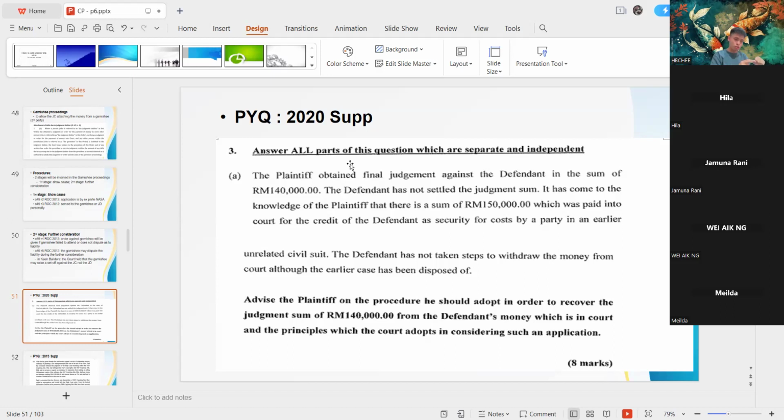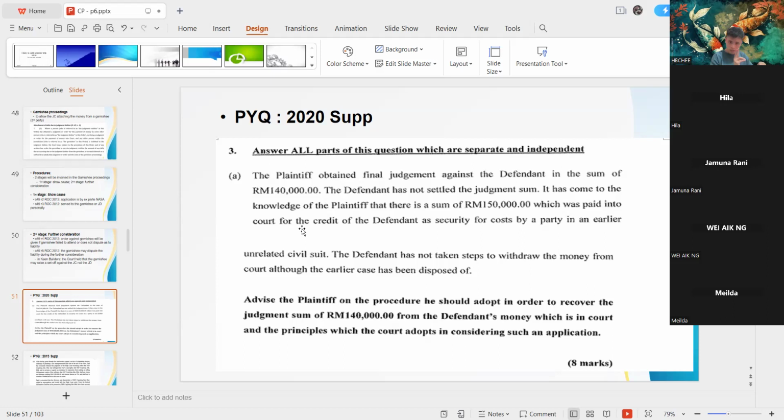Then it involves two stages of procedures. The first stage is the show cause order, which is Rule 2 and Rule 3. Then your further consideration is Rule 4 and Rule 5.